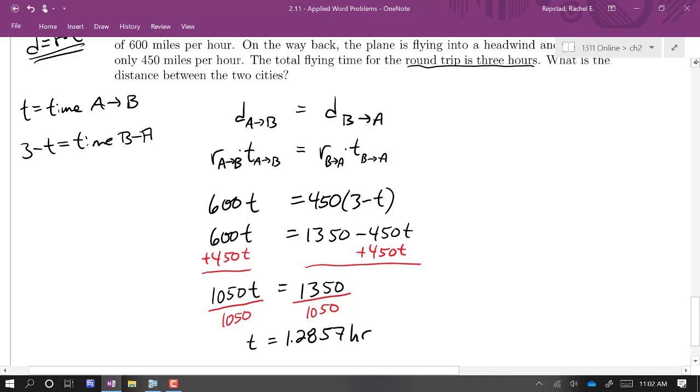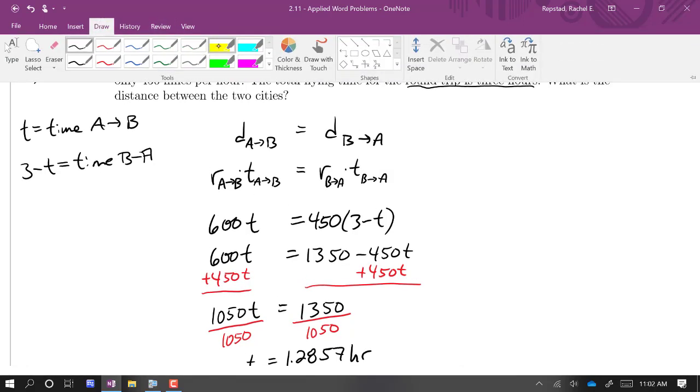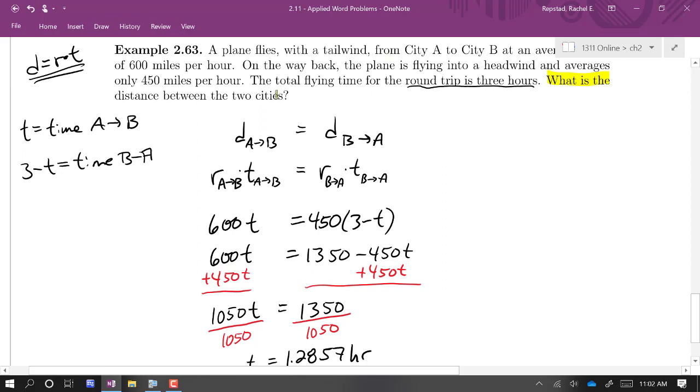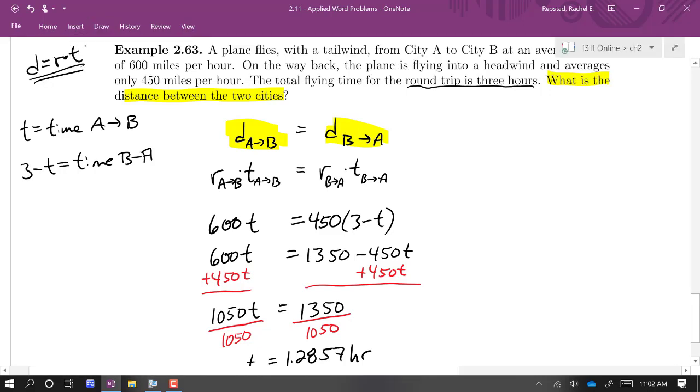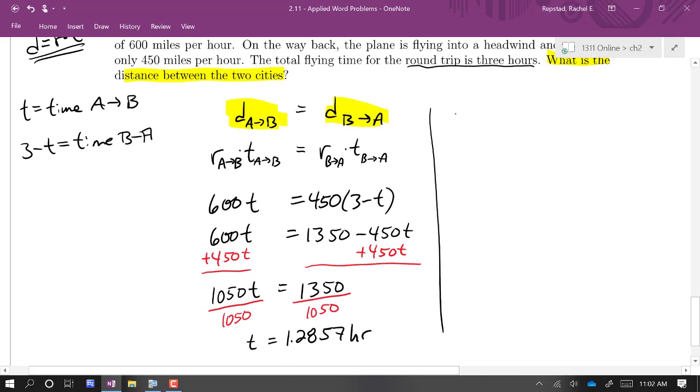But what we want to know, what they've asked us, is what is the distance between the two cities. So we actually want to find the value of either this side or that side. It should be the same, right? It's a round trip. So the distance between the two cities, let's say I'll take the left side, the distance from A to B is 600 times t.